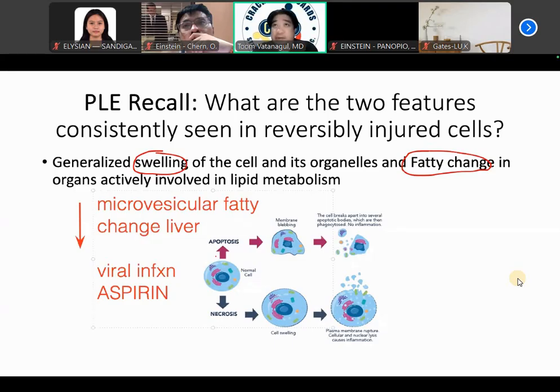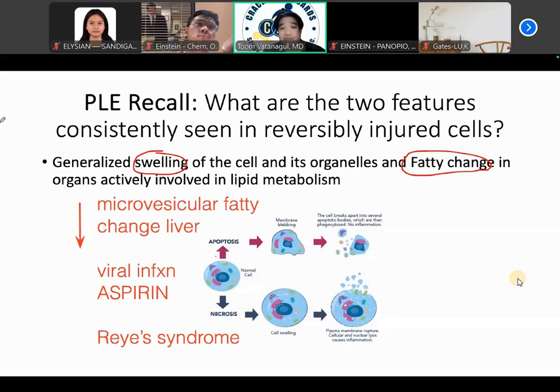Okay, so the case scenario, you have a child with a viral infection. They ingest aspirin and they develop a microvesicular fatty change of the liver. This is the famous Reye syndrome, or just pronounce it as Reyes syndrome. So I hope this is clear.